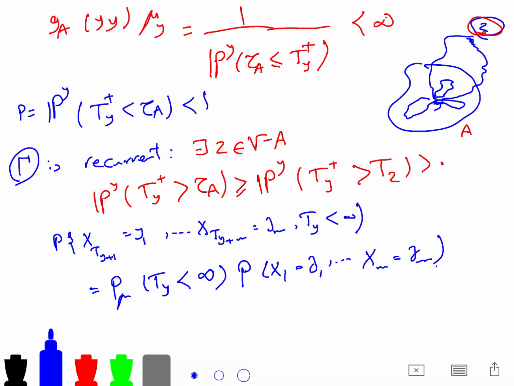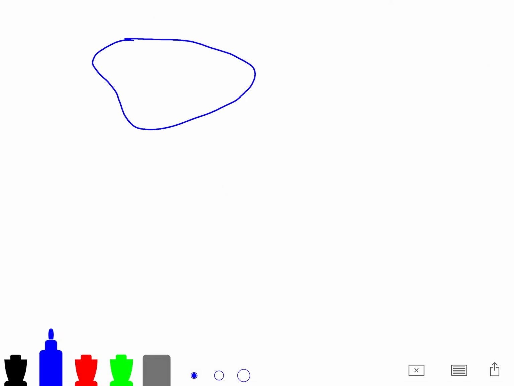So this is the proof, and graphically, if this is A and we have y, sometimes it takes this amount of time, sometimes it takes this amount of time.